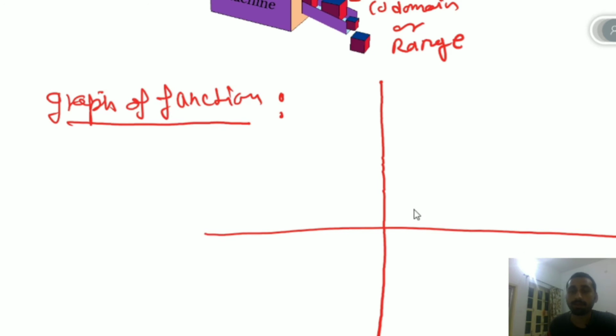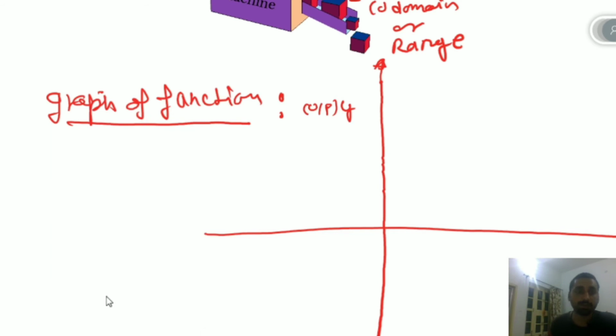This is the value of x, and this is the value of the output, y. This is also called the input, and this is also called the output.